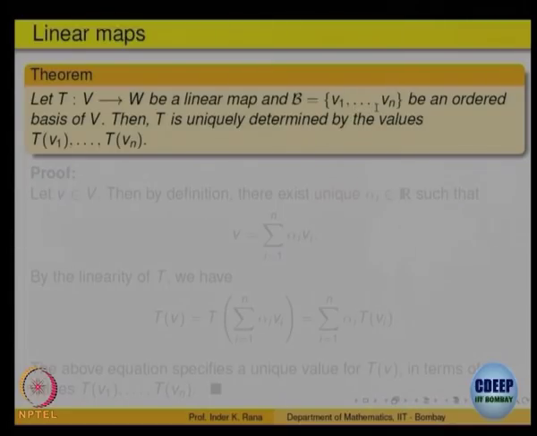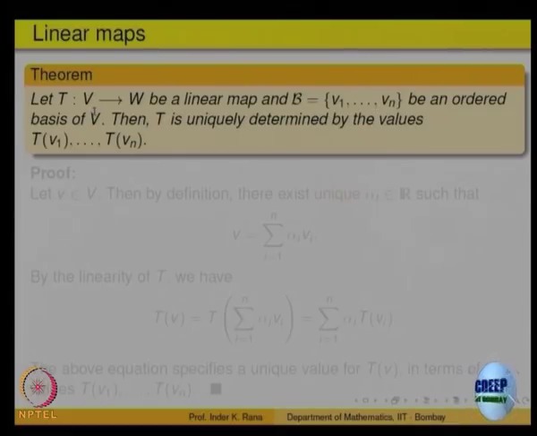V1 will remain the first one always; we will not shift the position of V1 to V2 or anything. Such things are called an ordered basis. You take a basis and fix the order in which the vectors in the basis are going to be written. That is called an ordered basis.